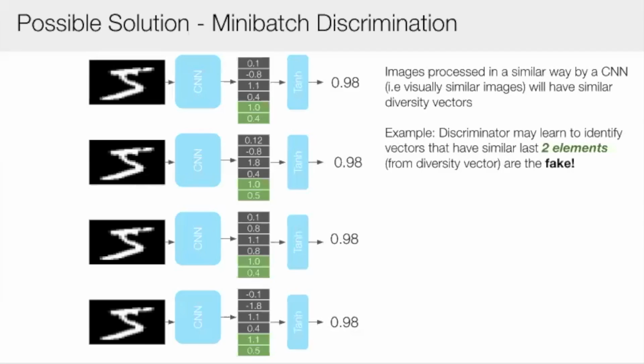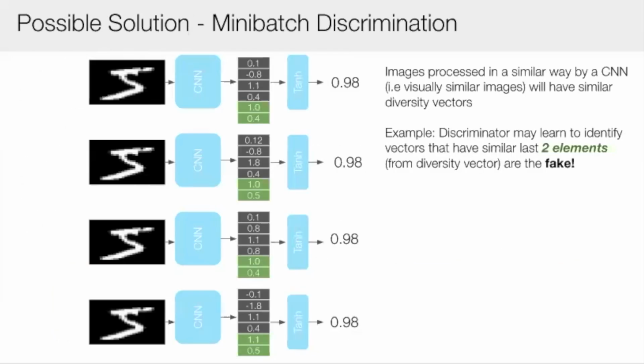So then the discriminator, as it trains to tell real from fake, will notice, hey, these fake images, sure, this stuff up top looks indistinguishable from a real image, but in this diversity vector portion, all fake images have these set of numbers. All fake images have a 1, 0.4, or 0.5 roughly. So then it just learns to use the diversity vector to tell real from fake.